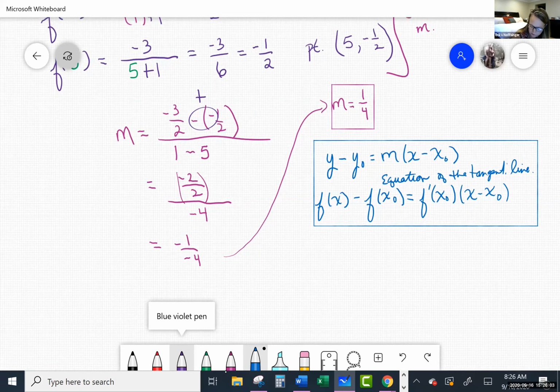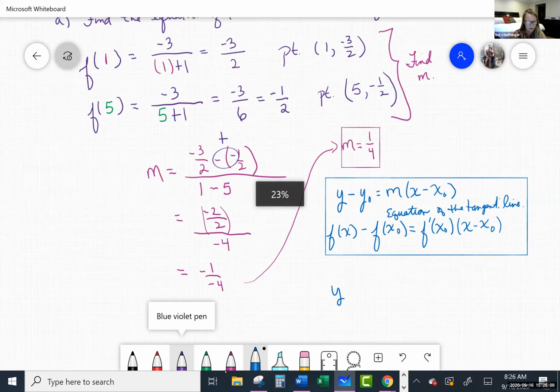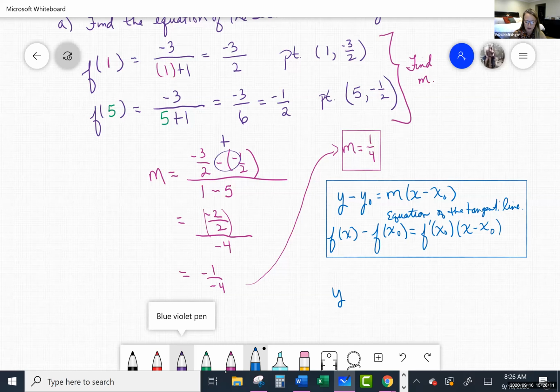Professor, did you say that both of those equations are the same thing, the y minus y0 and the f of x down there, like they're both the same? Yep. Okay. Yeah, so it's just different notation. Instead of writing our point as x and y and x sub 0 and y sub 0, they're just using function notation.